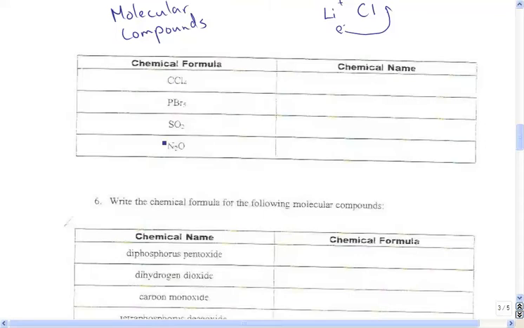We'll write the first element in the chemical name as it is, and then we'll look at the number. So I've got carbon, and then I've got chloride. But the thing is, I've got 4 of these chloride ions, and you've got to remember these prefixes.